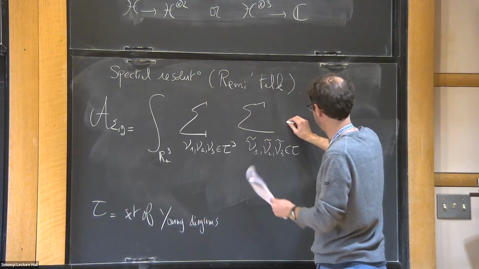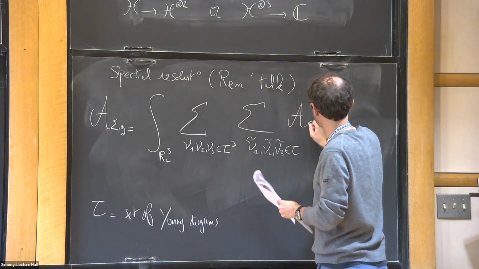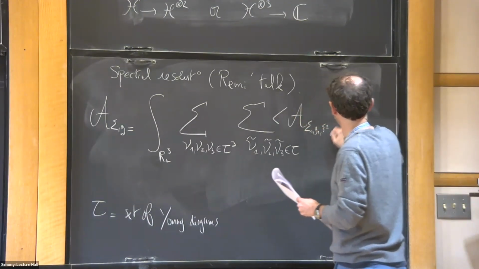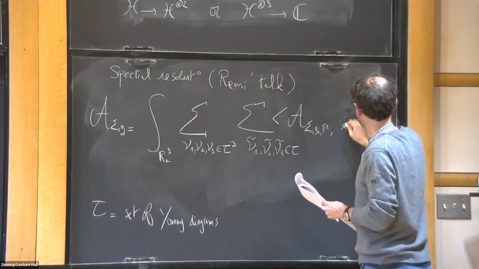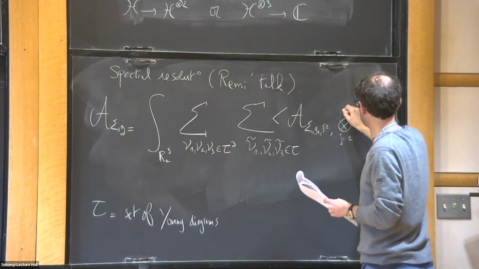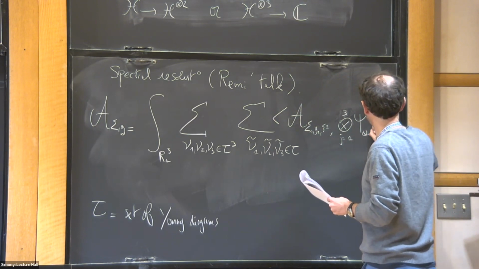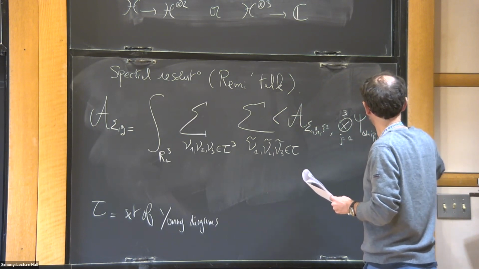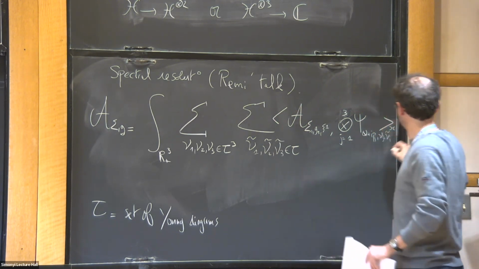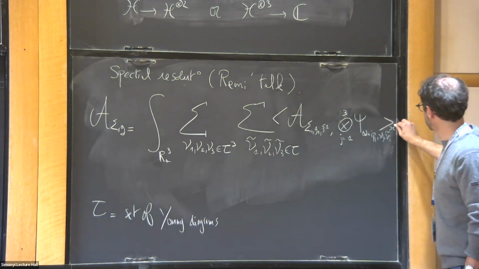So you get this times A sigma 1, G1, C1, and scalar product with C Q plus IPJ nu J nu tilde J in the Hilbert space to the power 3.